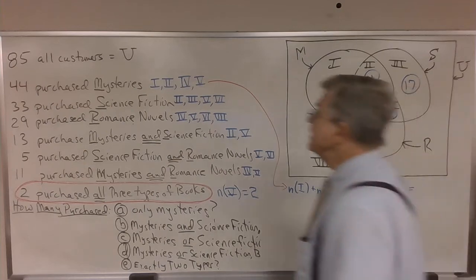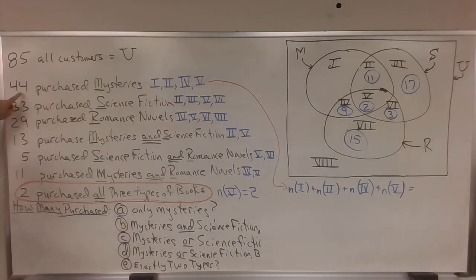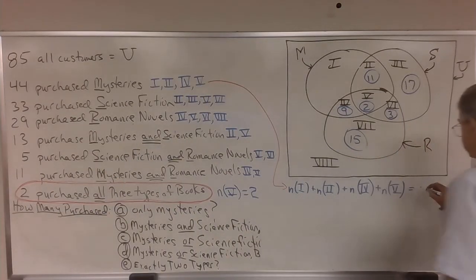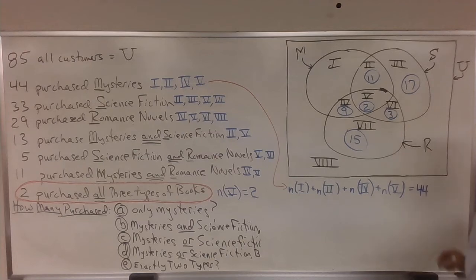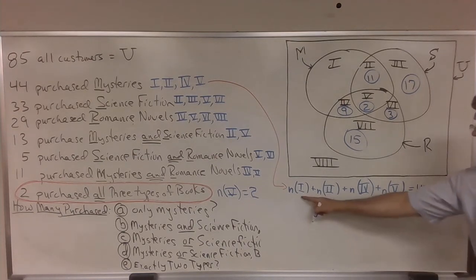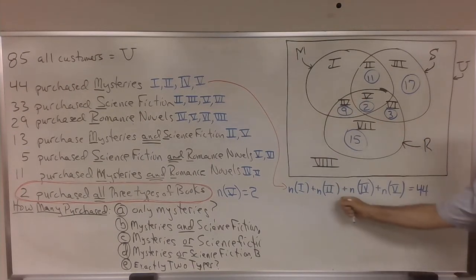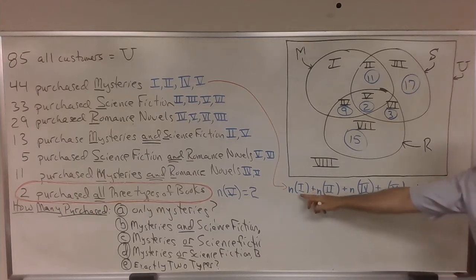And total, they equal 44 people. The only thing that we don't know here is region 1. So we're going to take all of these other things that we do know and move them over to the right side of the equation. We'll keep this on the left side because we don't know what it is.